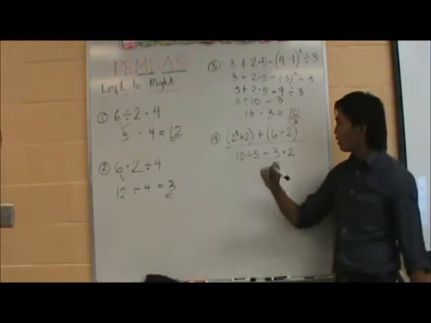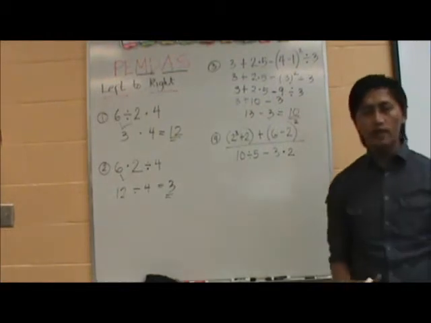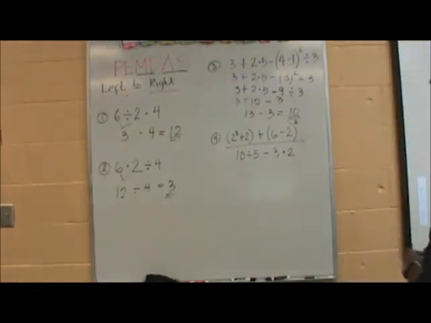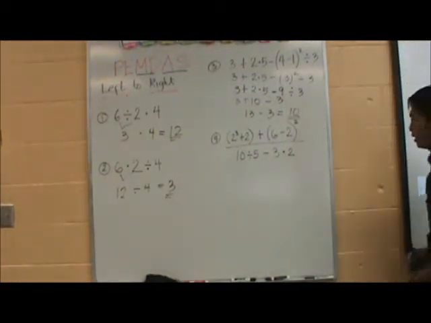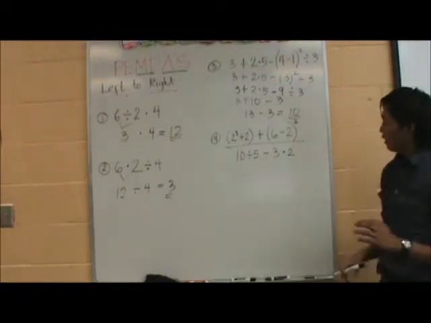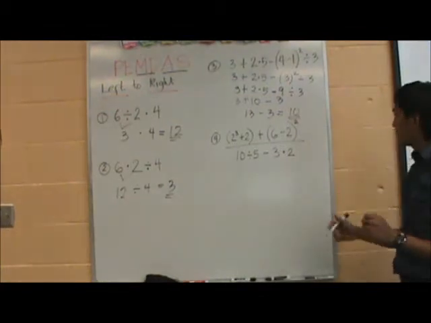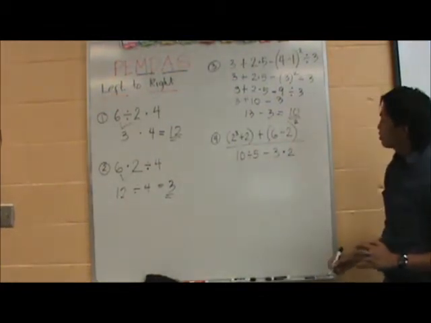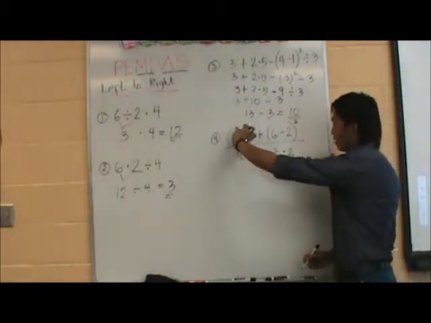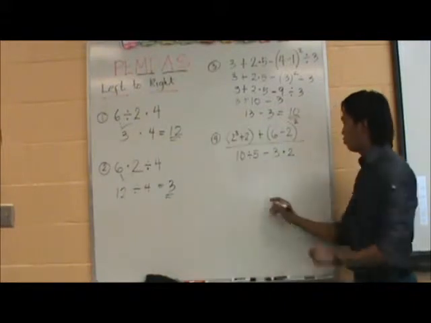This time, let's continue with number 4. For number 4, we have this problem. We have to make sure we start from the numbers inside of the parentheses. Right now, we have 2 cubed and 2.